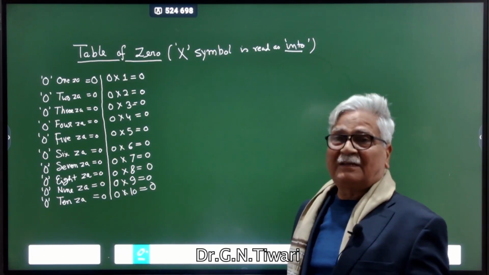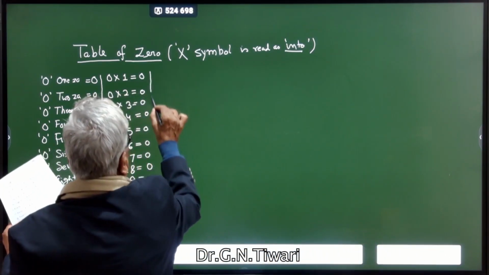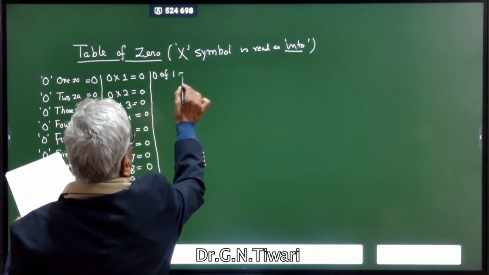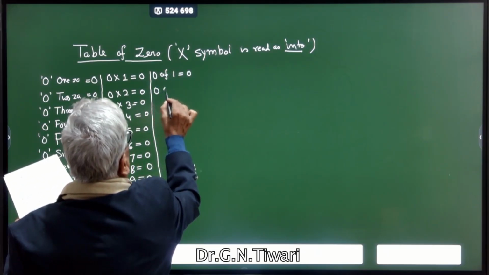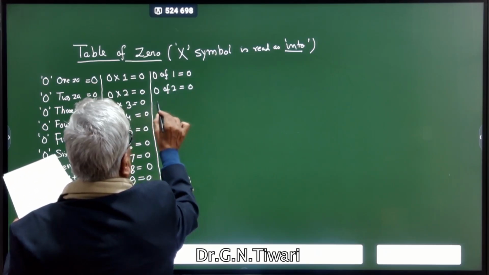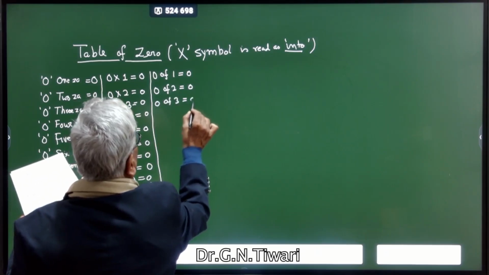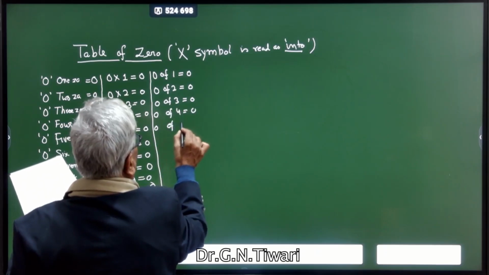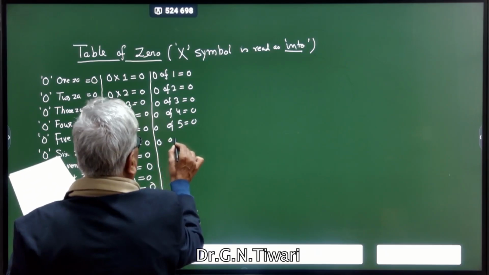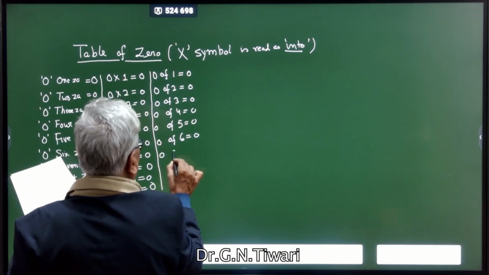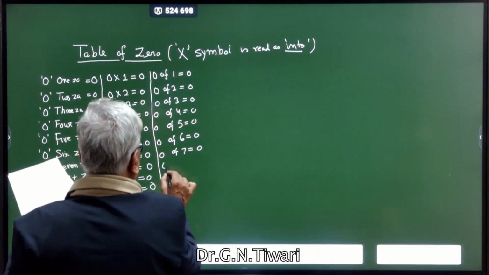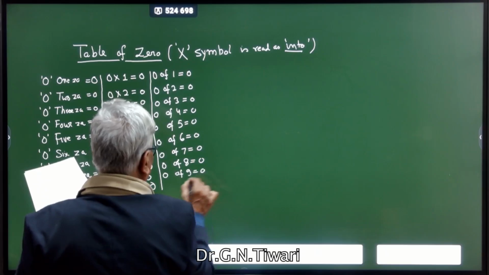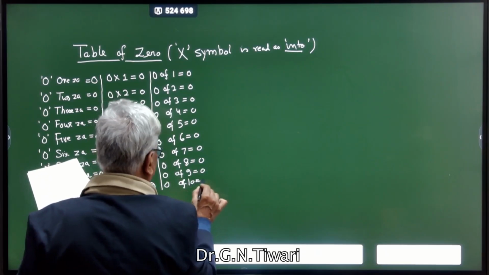Now what is the other way? The third way is 0 of 1 is equal to 0. 0 of 2 is equal to 0. 0 of 3 is equal to 0, and so on, up to 0 of 10 is equal to 0.